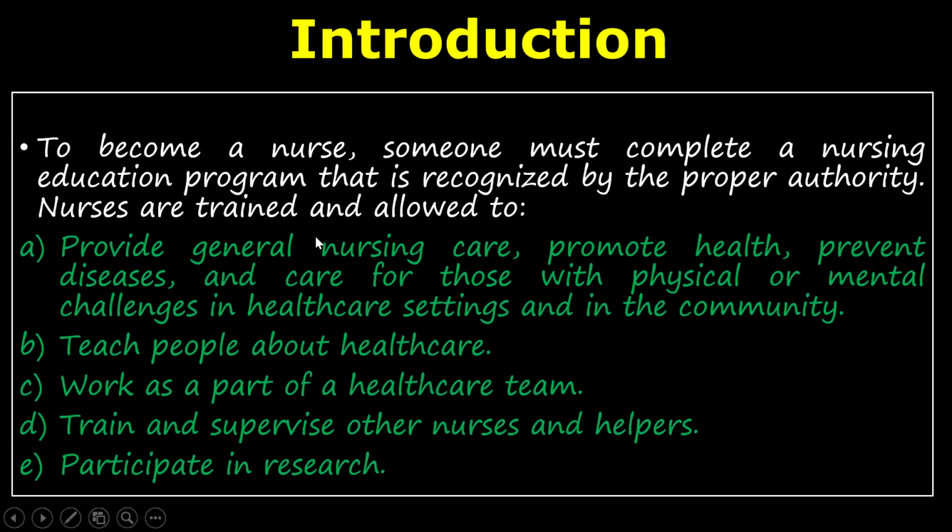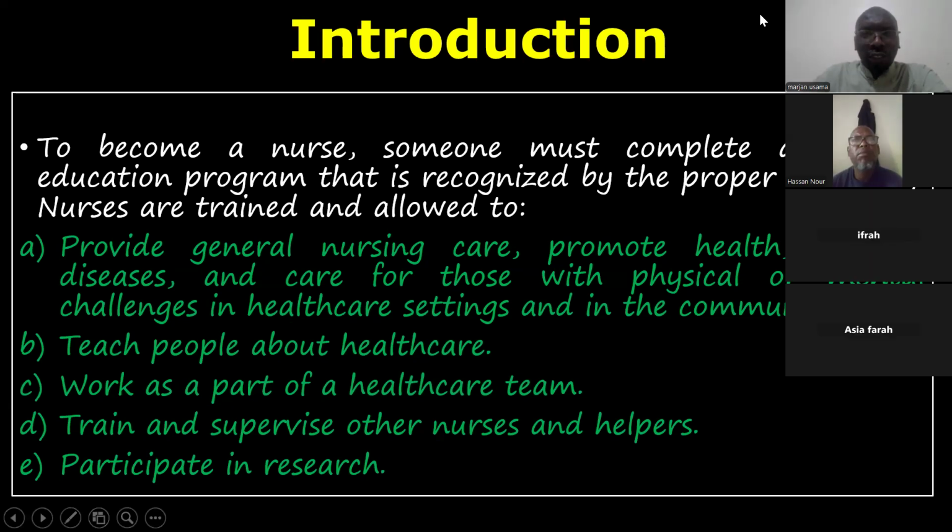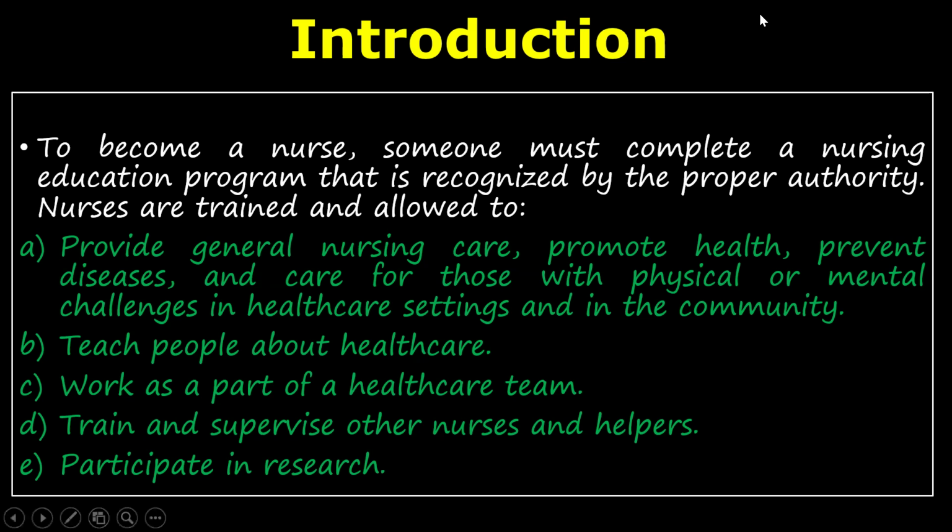And nurses are trained and allowed to, so somebody can ask, why do we basically train these nurses? So number one, we train them to provide general nursing care, promote health, prevent diseases, and care for those with physical or mental challenges in healthcare setting and in the community.